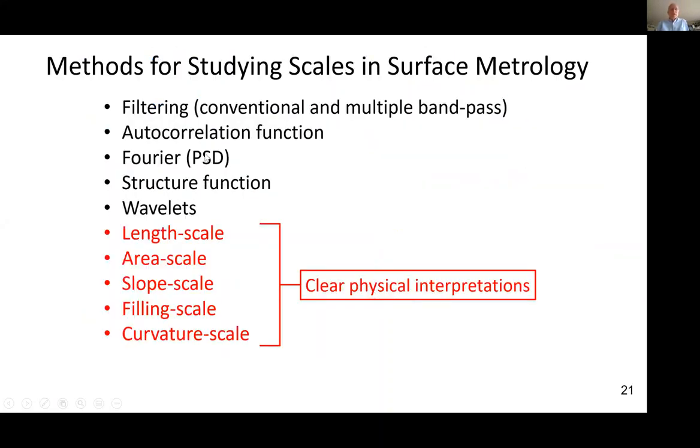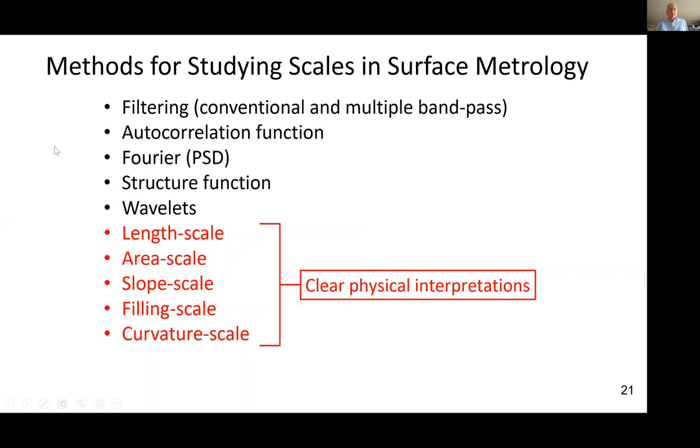Now, historically or conventionally, there are a number of multi-scale methods that you could use. One, you could adjust the conventional filtering to do multiple band passes, and I'll show you an example of that near the end of the talk.